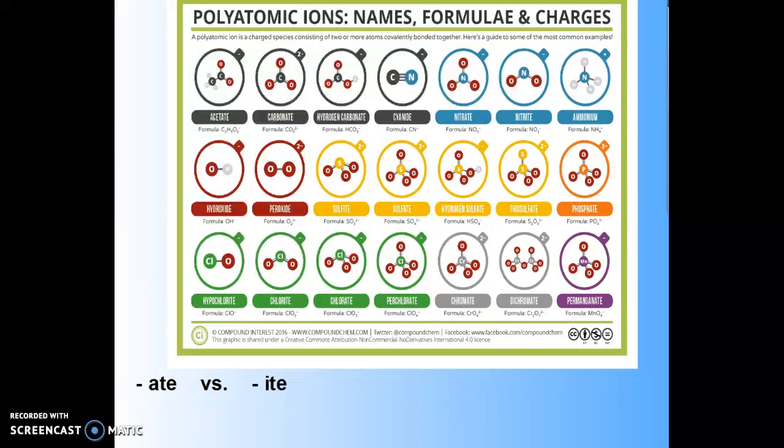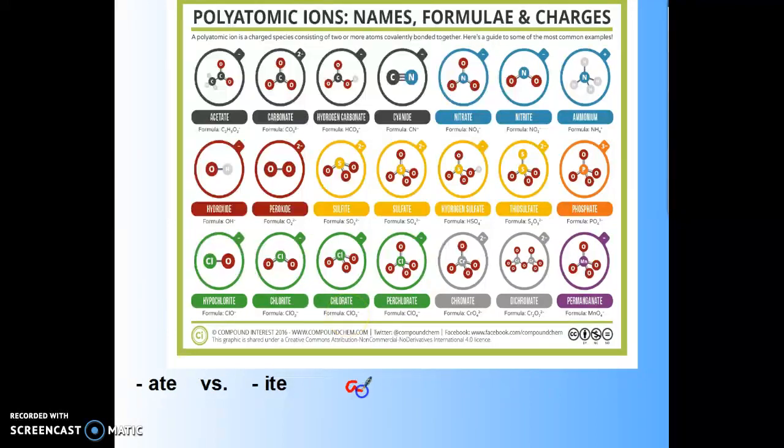Okay, so ate versus ite. I want us to talk about the difference. Ate implies that there are more oxygens than ite, and ate usually has one more oxygen than ite of the same nonmetal. So what I'm trying to say is, let's look at chlorate and chlorite. They're in the bottom. Chlorate has 3 oxygens.